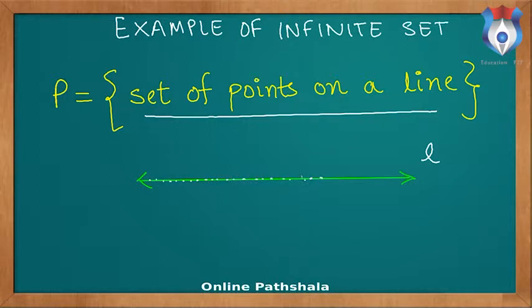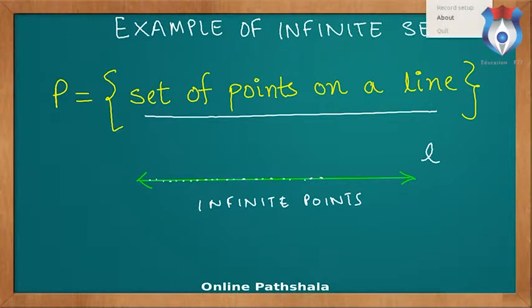It's just difficult to put a number, and that's where we say a line has infinite points. Therefore, the set P, which has a set of points on a line, is an example of an infinite set. So this was the discussion on finite and infinite sets. In the next video, we'll continue our discussion further and learn some more types of sets.